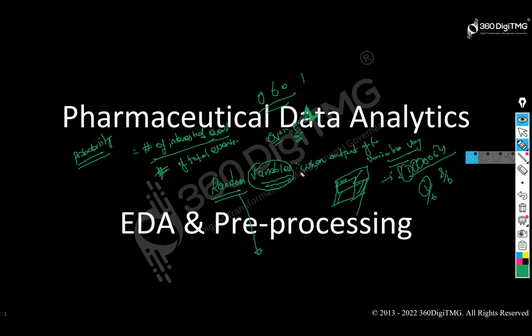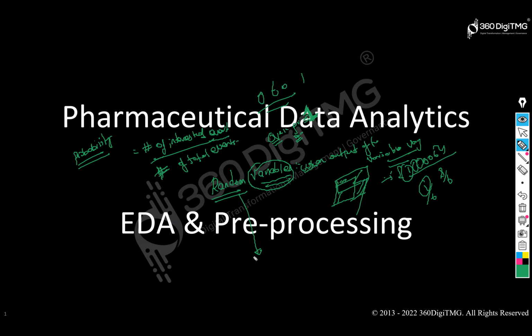I hope it is clear. A variable is when the output of the variable varies. Random is when each of the possible outcomes has a chance or probability associated with it.